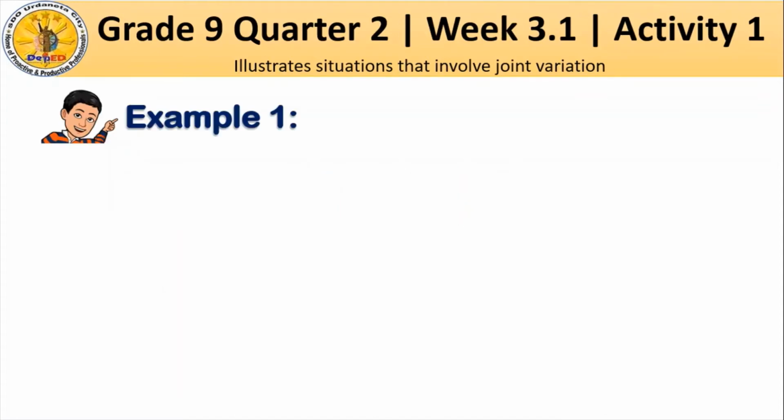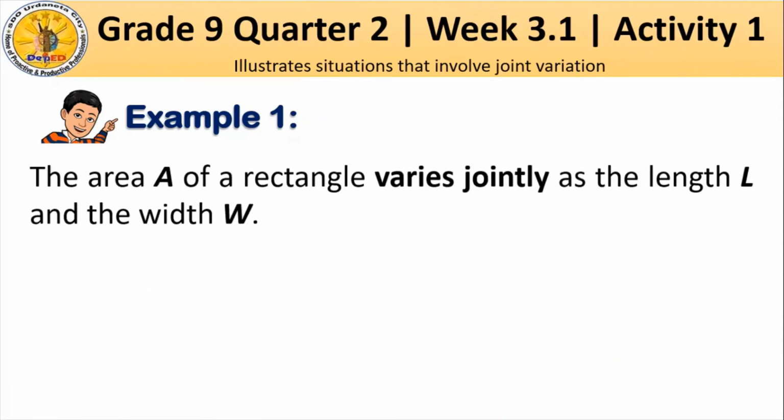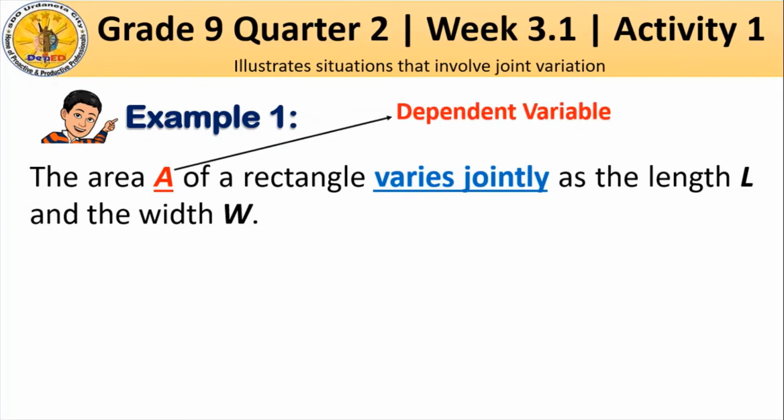Example number 1. The area A of a rectangle varies jointly as the length L and the width W. The variable before the phrase varies jointly is A, which we consider now as the dependent variable.